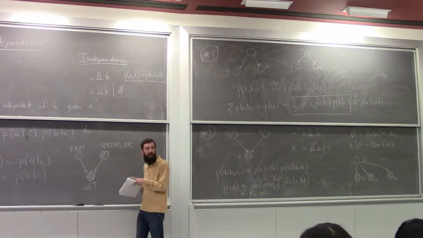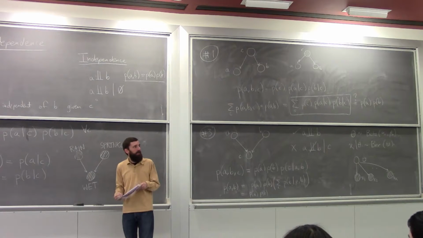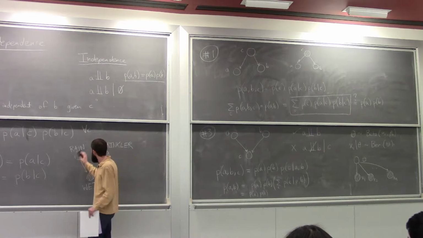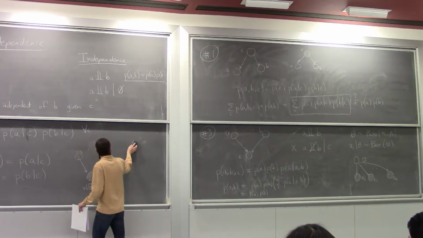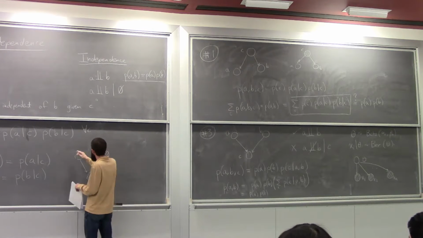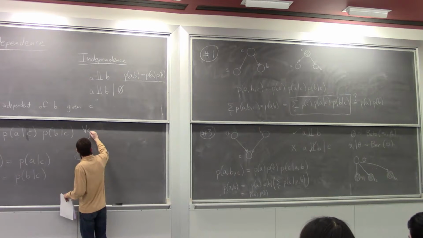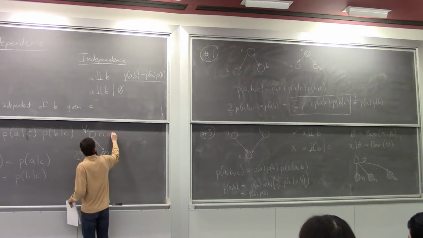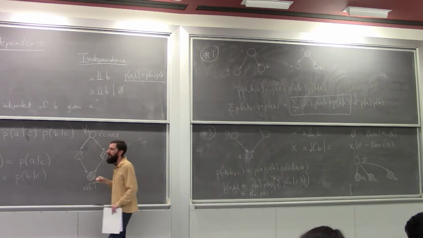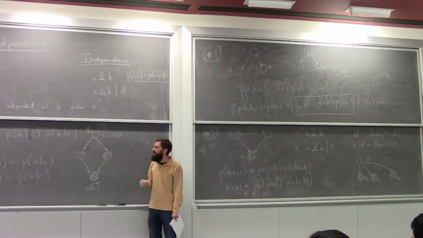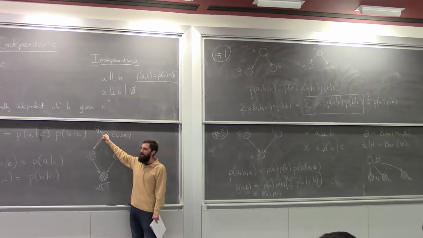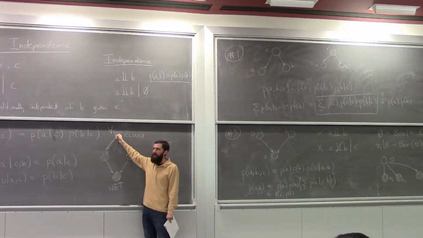So one other example that's in the Bishop book, I'll just mention. Rain and sprinkler, the Murphy example has this fourth random variable, cloudy. And this is basically just the probability of a cloudy day or not a cloudy day.